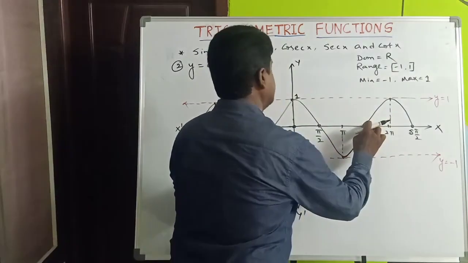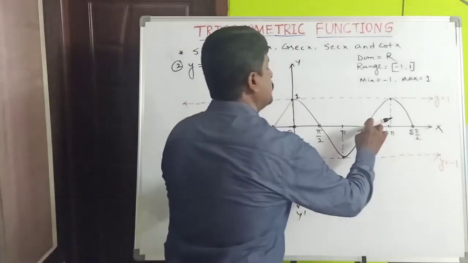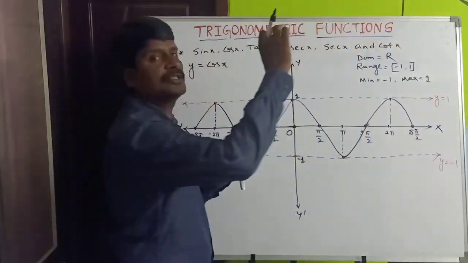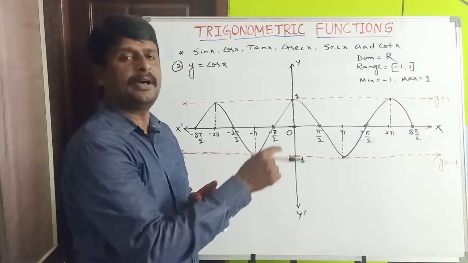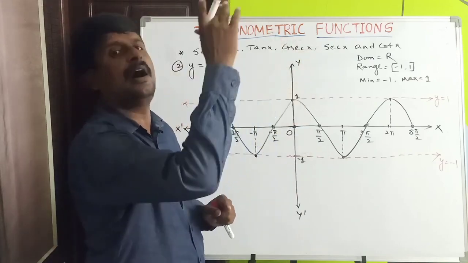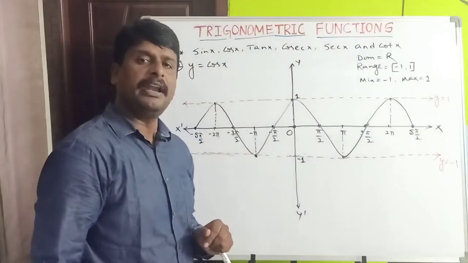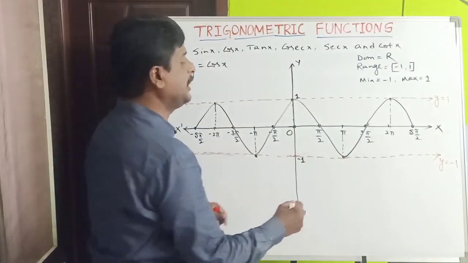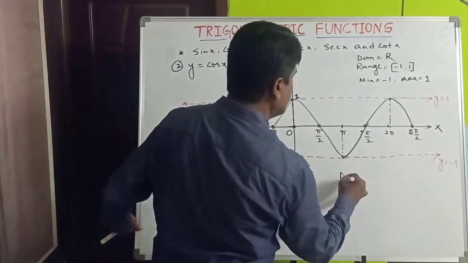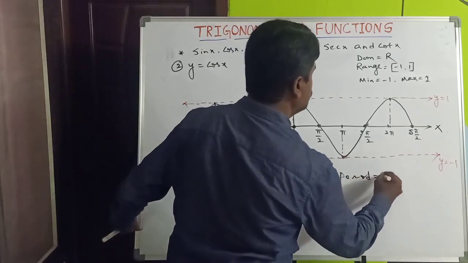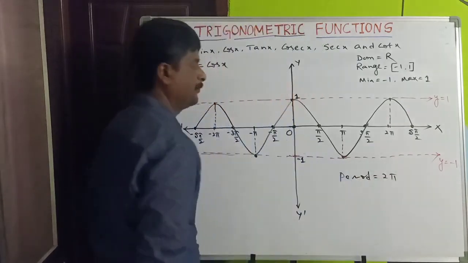After this stage and before this stage, the same graph will be repeated every time: one upward parabola, one downward parabola. That's why cos x is a periodic function with period 2 pi.